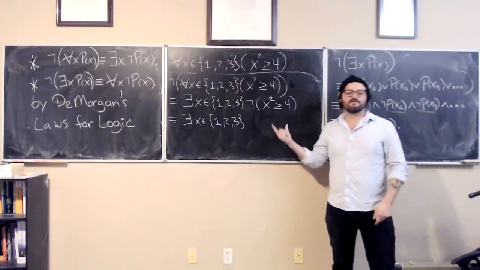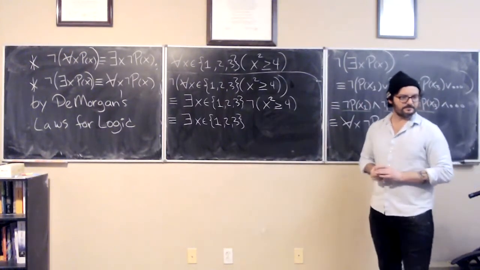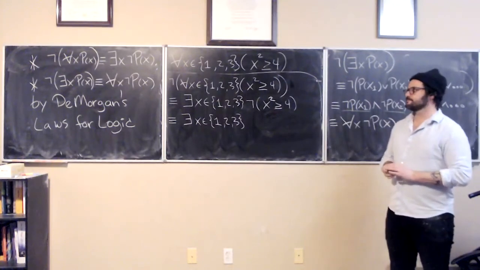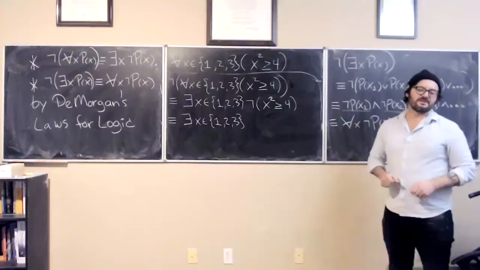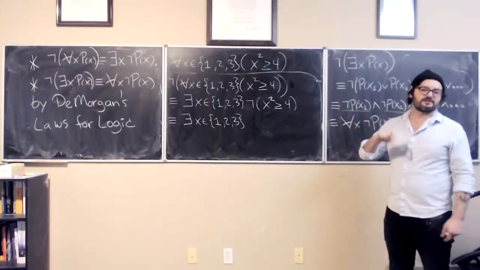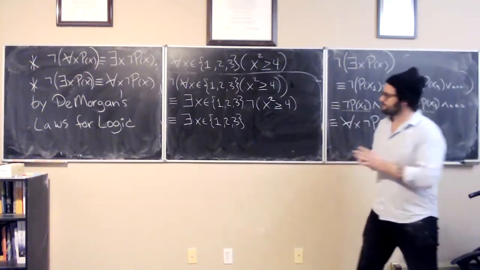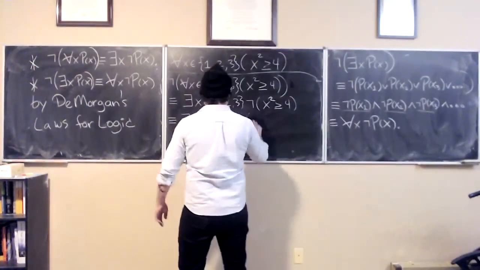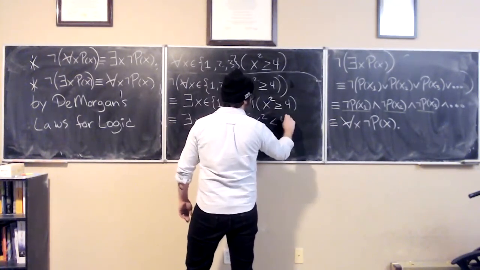What's the opposite of x squared being greater than or equal to 4? 4 is greater than x squared. In other words, x squared is strictly less than 4. Same thing though, you're good. So we can write this as x squared is strictly less than 4.